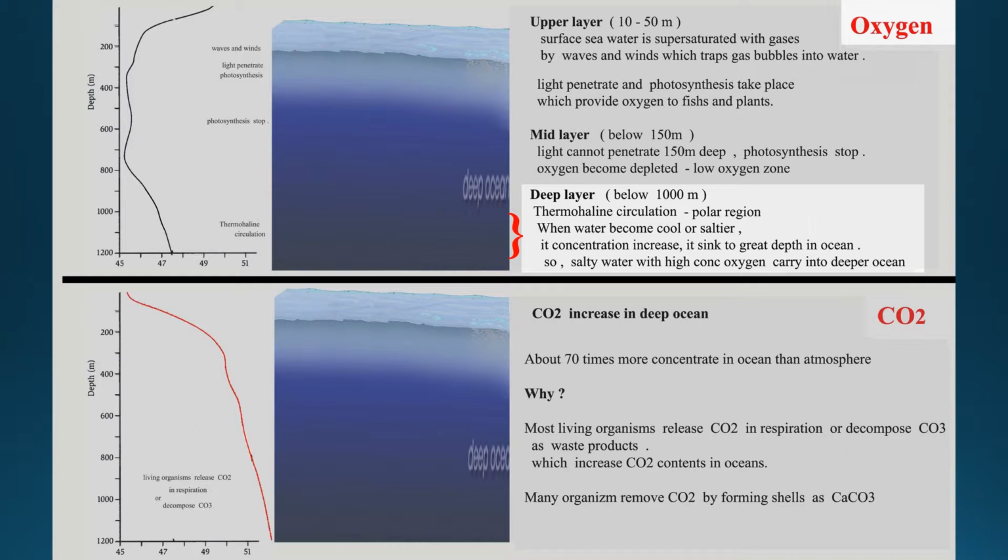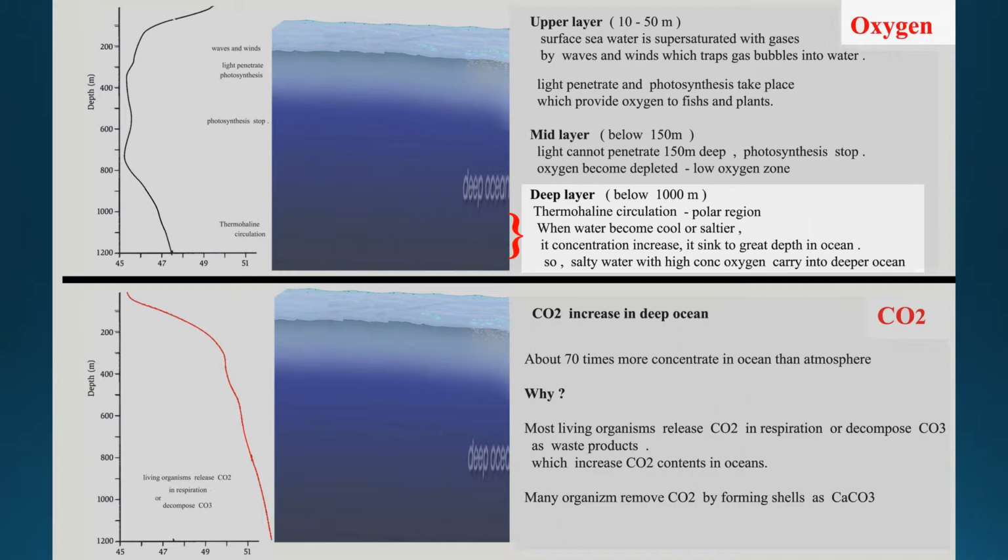When water becomes colder and more salty, it becomes more concentrated, and this oxygen-carrying water on the surface sinks down to the deep bottom. So it carries the oxygen from the top down to the deep bottom of the ocean. So the salty water carries a much higher concentration of oxygen into the deeper ocean. But keep in mind, I'm talking about the polar region.